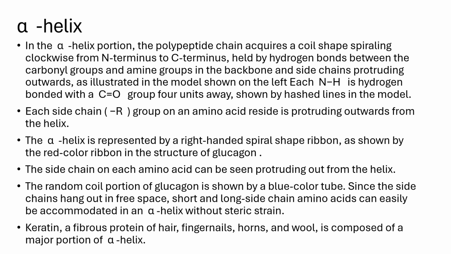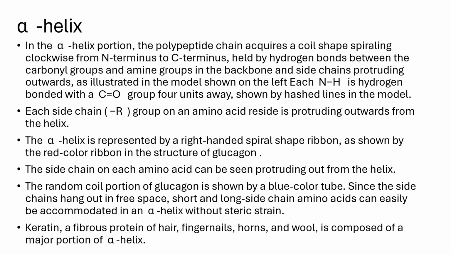Alpha helix. What is alpha helix? In the alpha helix portion, the polypeptide chain acquires a coil shape spiraling clockwise from N terminus to C terminus, right? Held by hydrogen bonds between the carbonyl groups and amine groups in the backbone, and side chains protruding outside, as illustrated in the model. Each amine is hydrogen bonded with carbonyl group 4 units away, shown by the hash lines in the model.